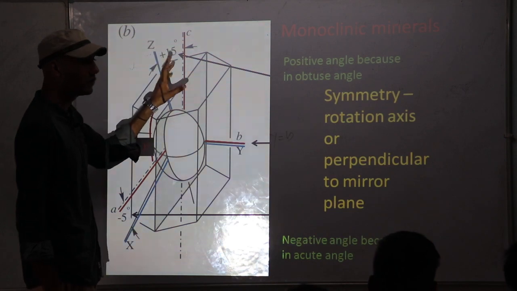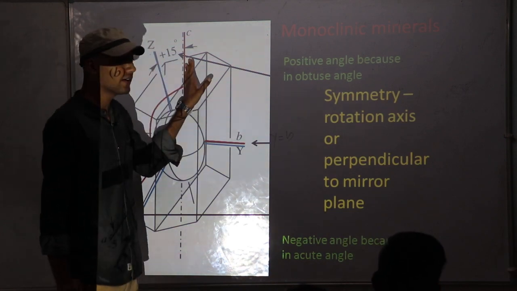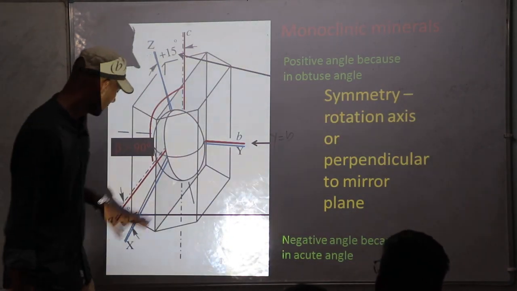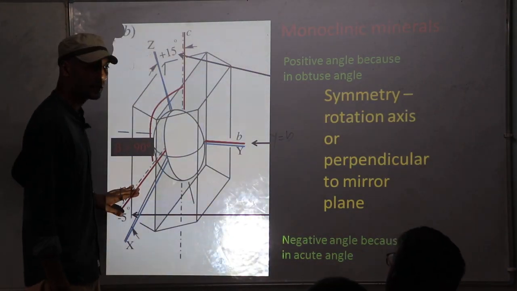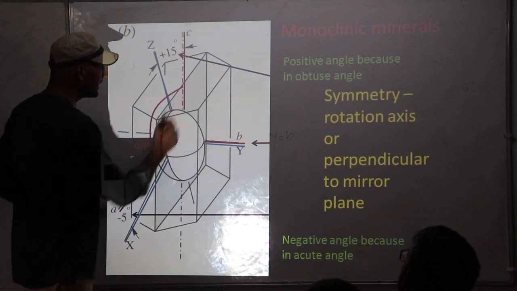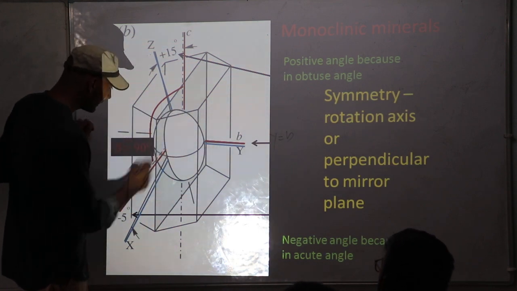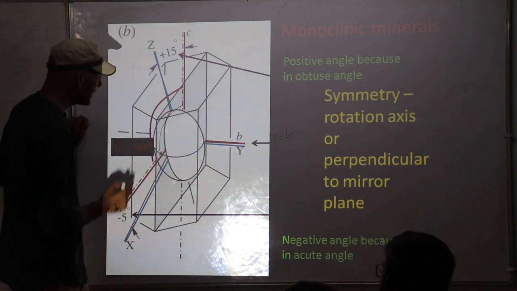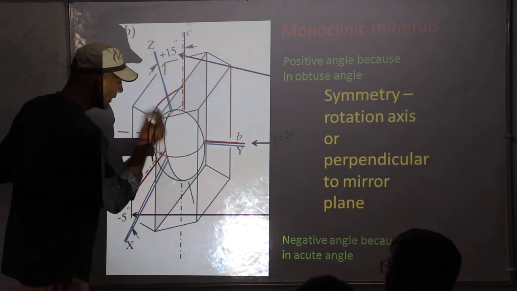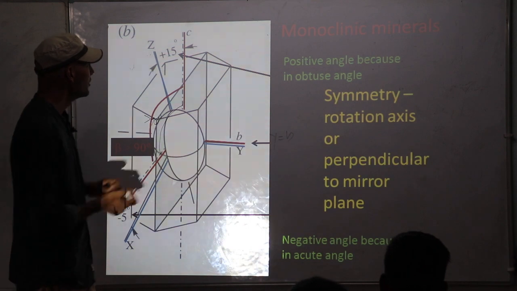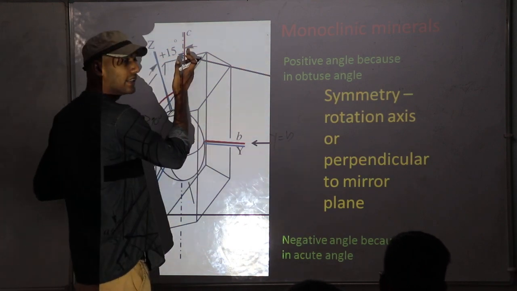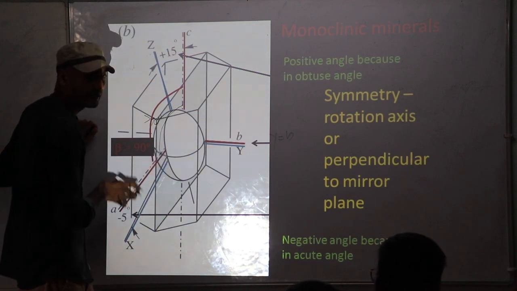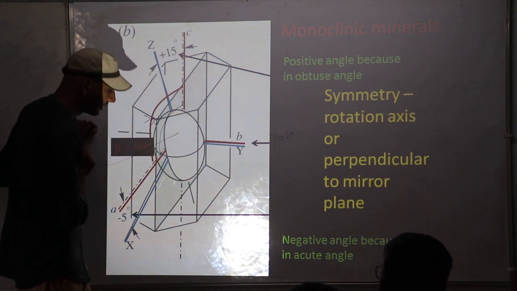There are two cases. If Z coincides with C, what happens? X will not coincide with A, because A and C, this angle, this is A, this is C, the red color is showing the crystallographic axes, this angle is greater than 90 degrees. So if Z coincides with C, X will not coincide with A, because that will be somewhat here.